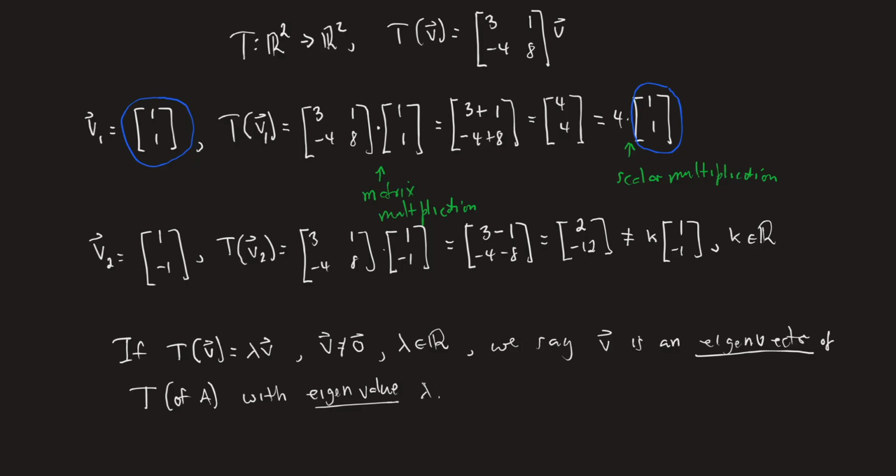It's a special vector, a special constant here, and then we refer to both of them sometimes as an eigenpair. So we refer to (lambda, v), and I'll put them in parentheses, as an eigenpair of T, and also of A, same thing, one and the same.